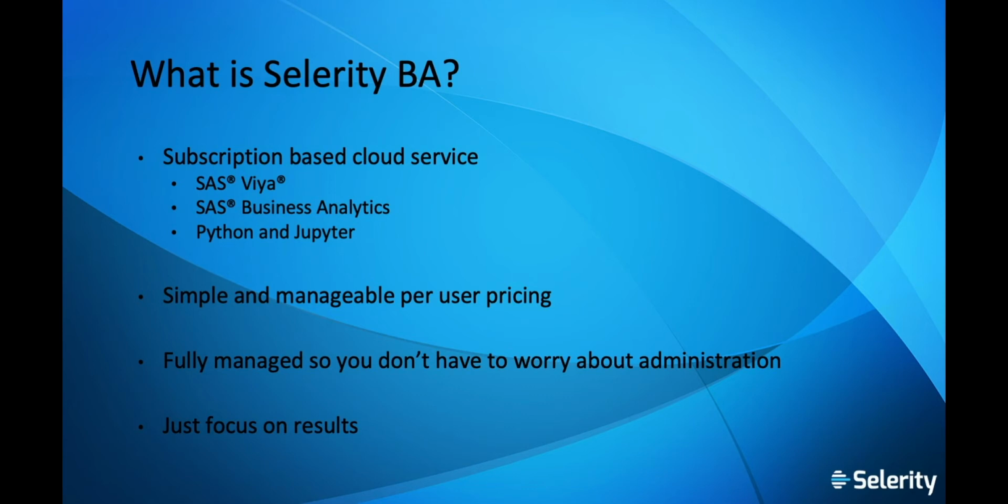In addition, you also get Python and Jupyter, allowing you to leverage these open source tools while having them pre-integrated with SAS. The service is fully managed, meaning you don't have to invest in administration staff, servers, and all the other tasks that come along with that, like patching, monitoring, etc. All of that's managed for you and included in the subscription fee. Essentially, we just want you to focus on getting results.